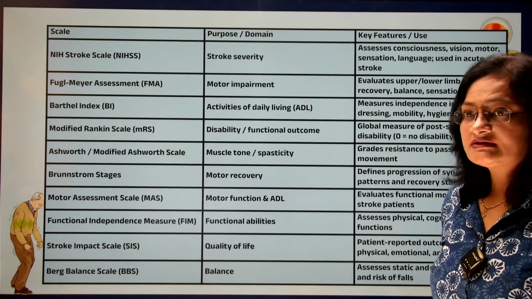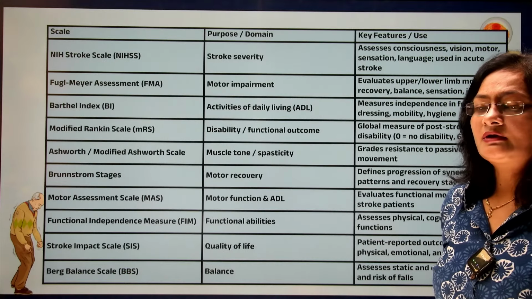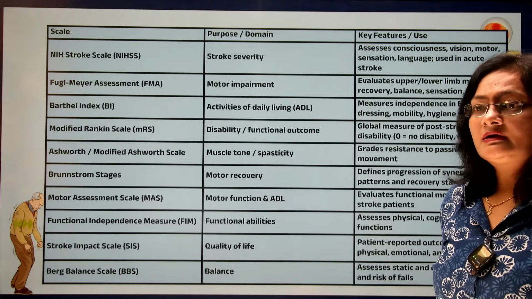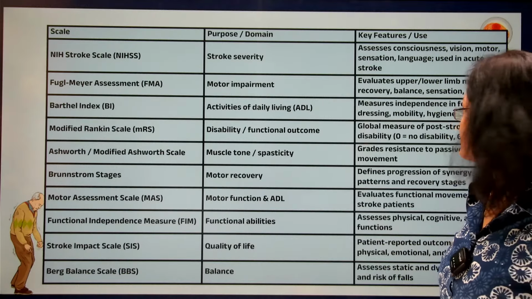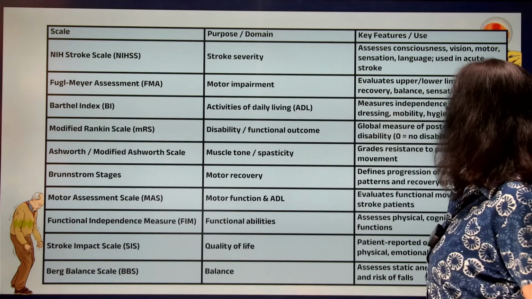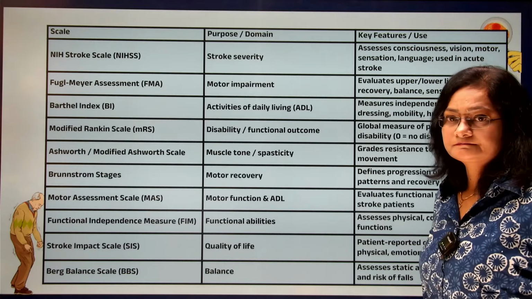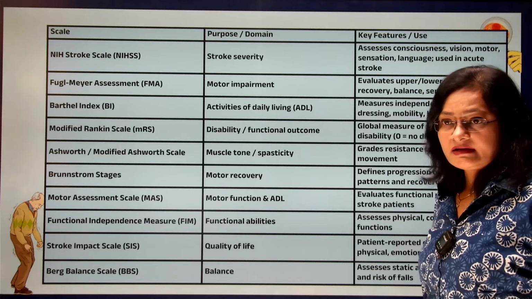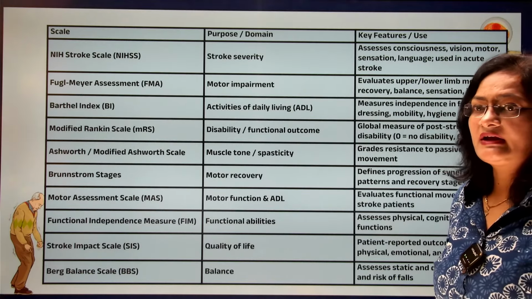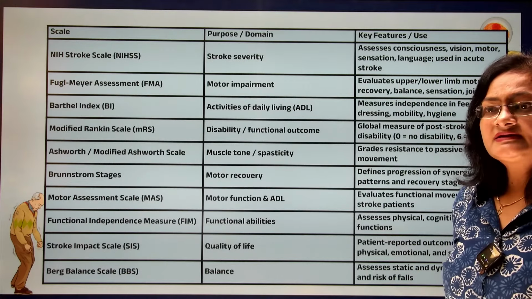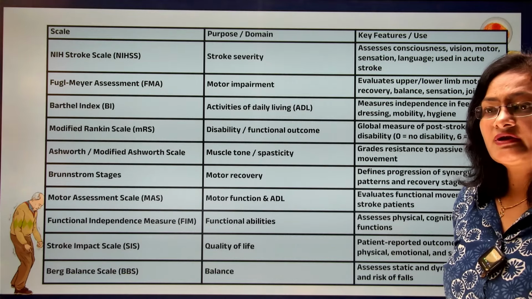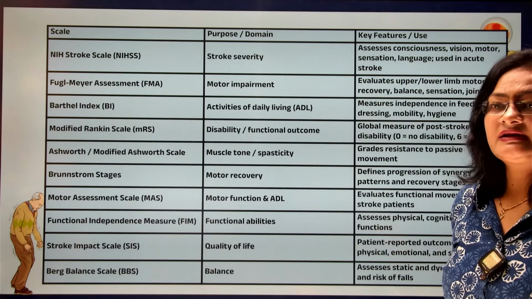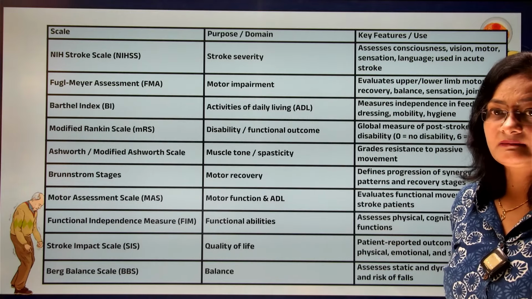It evaluates upper and lower limb motor component, recovery, balance, sensation, and joint range of motion. Then the next scale is the Barthel index. Barthel index is used for activities of daily living. It measures independence in dressing, mobility, personal hygiene, and day-to-day tasks.